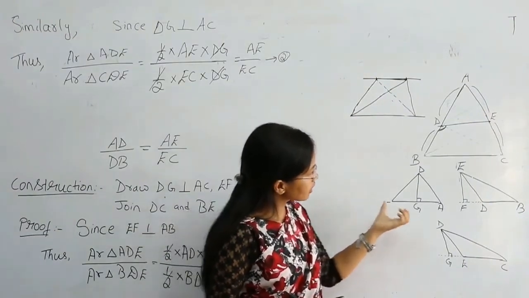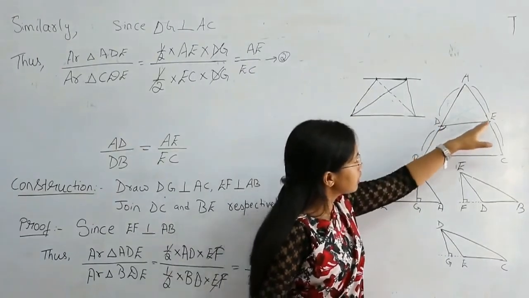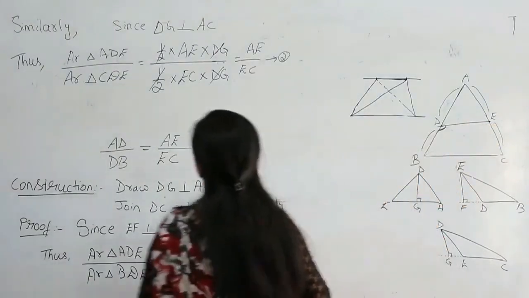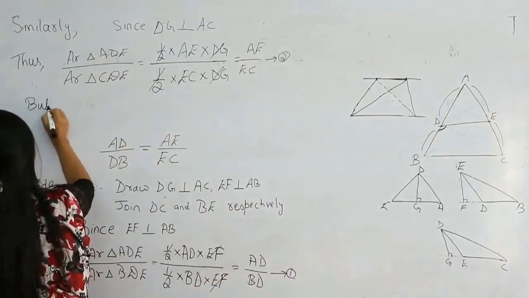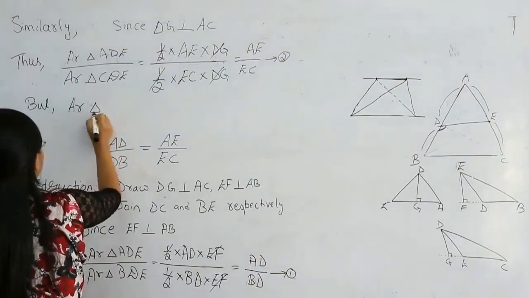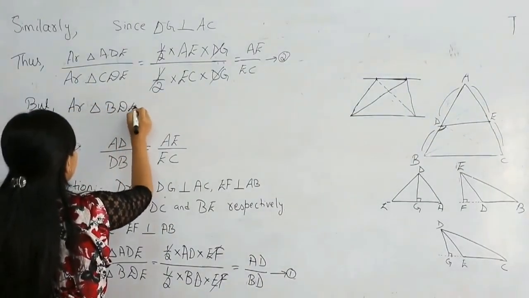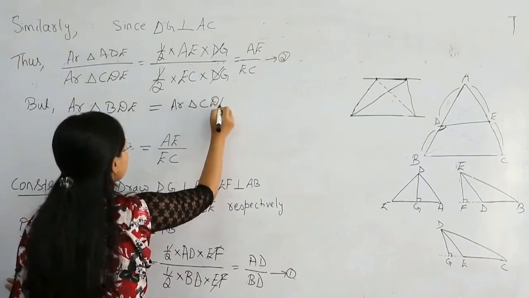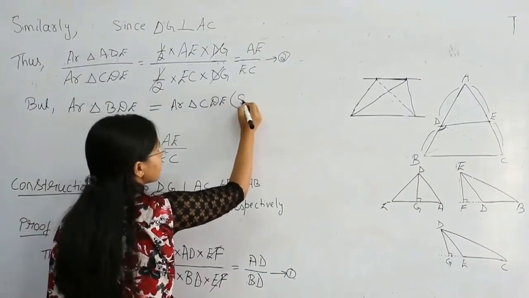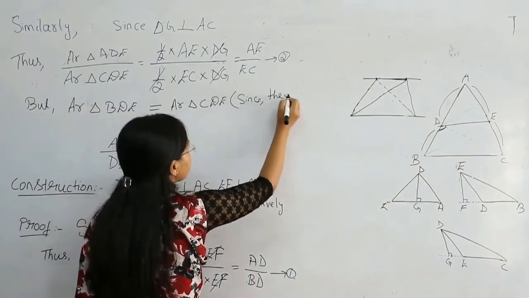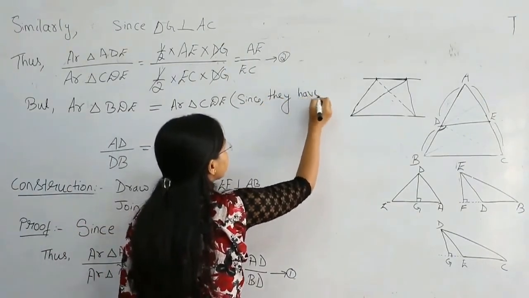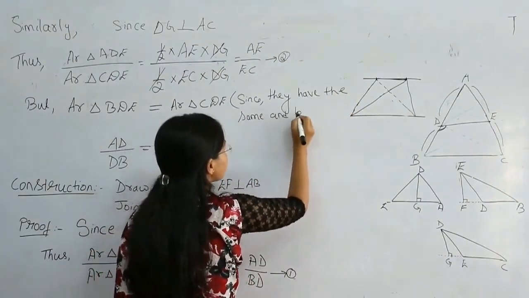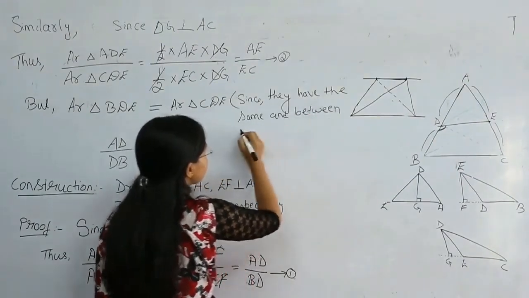So here we mean to say that area of triangle BDE is equal to the area of triangle CDE, since they have the same base and are between the same parallels.